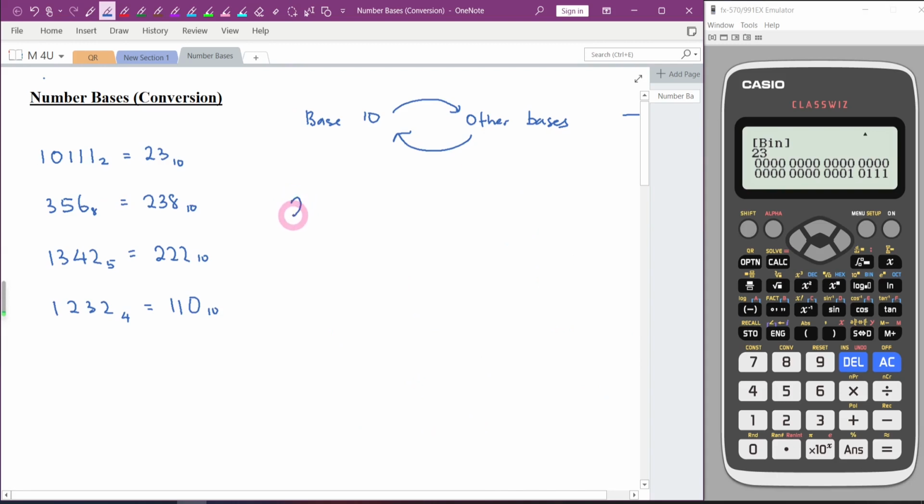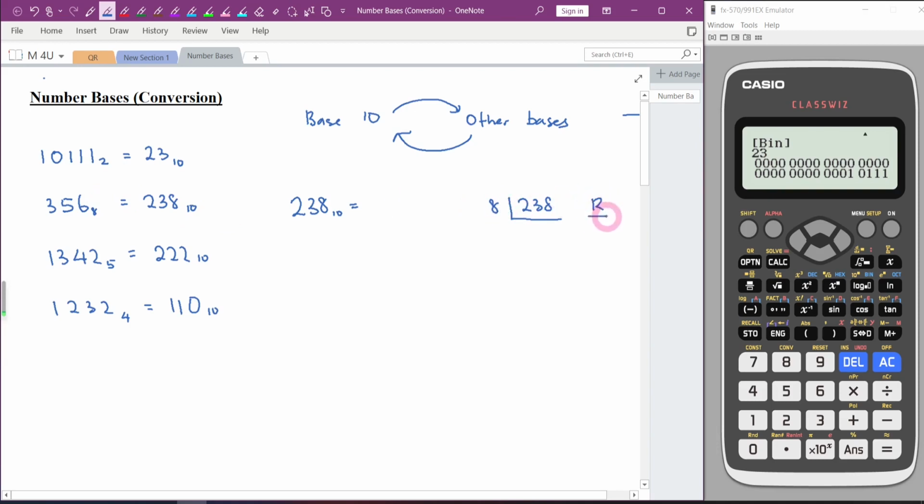Let's try 238 base 10. I'm going to convert it to base 8. 238 divided by 8. Why? Because I'm going to convert it to base 8. Therefore, I keep on dividing this number by 8.